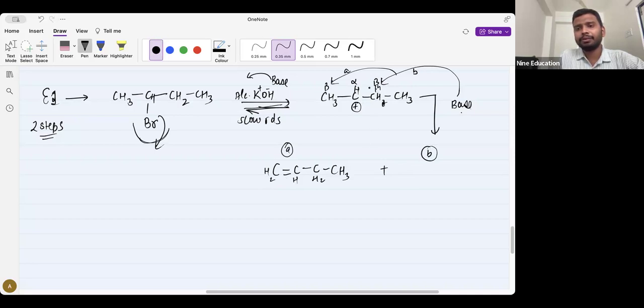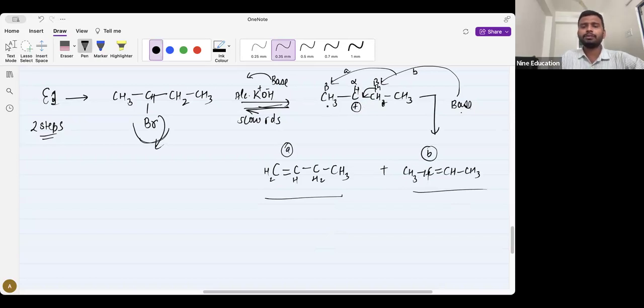If this one is taken, it can make a double bond here with the carbocation. It will make a double bond and the carbocation is gone: CH3, C double bond, CH, CH3. So you will have two products.